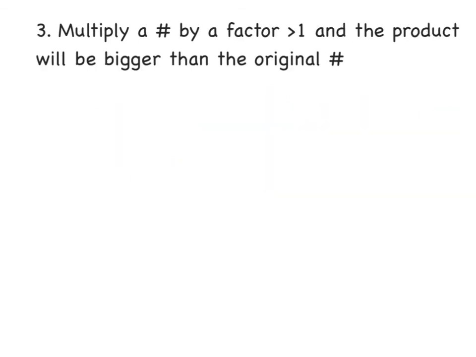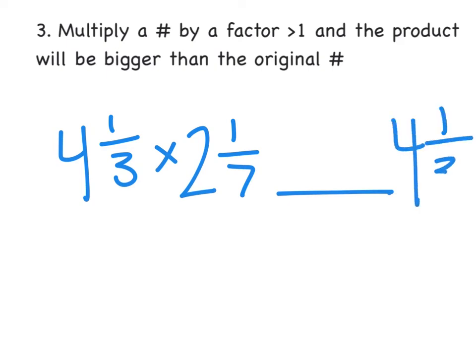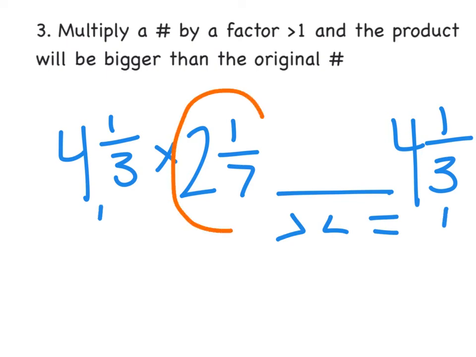And last but not least, if I were to multiply a number like 4 and 1/3 by something greater than 1, like 2 and 1/7, I want to know, is that greater than, less than, or equal to 4 and 1/3? Again, 4 and 1/3 is my constant, so I'm going to look at this number here. You're always looking at the number that's different.